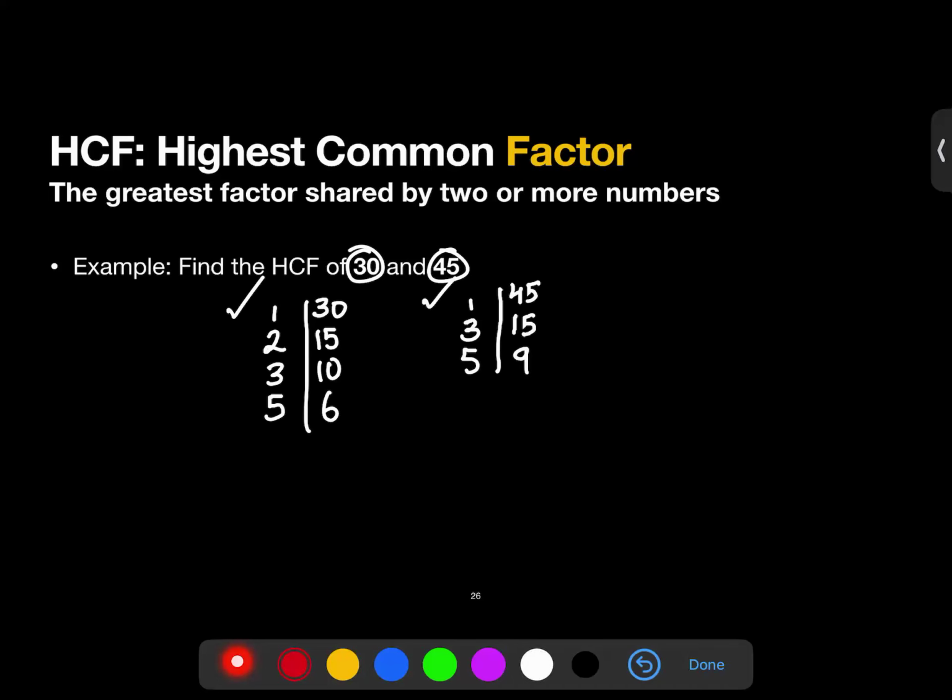So the highest common factor is what? Good.